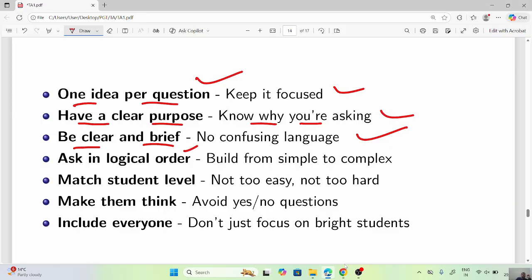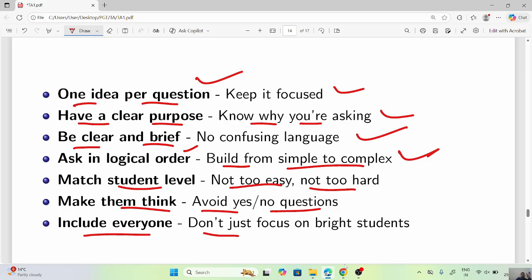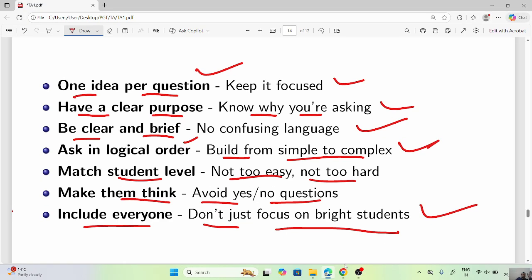Ask in a logical order, means build from simple to complex. Match student level, means not too easy, not too hard. Make them think. Avoid yes or no questions; it should be in detail. Include everyone, don't just focus on bright students, because teaching should be inclusive.